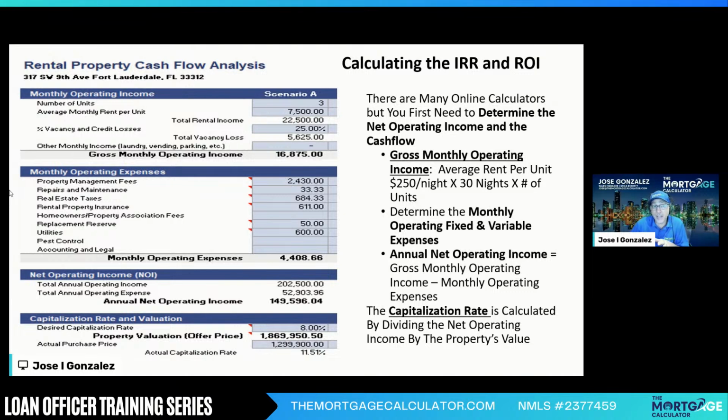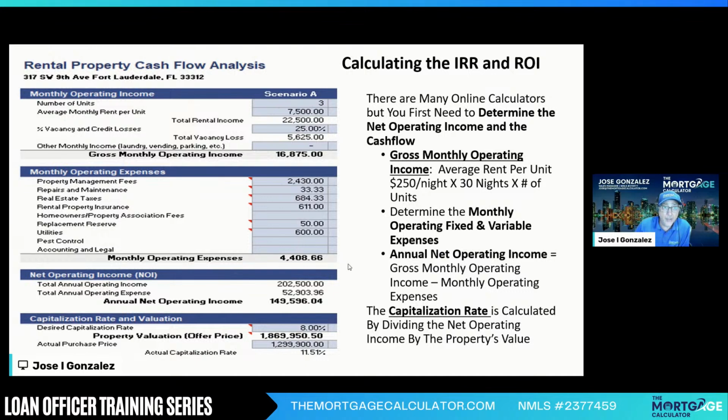So you may have the annual figure for some of these, like taxes and insurance, and you're just going to divide by 12. So, homeowners or property association fees, if applicable, what is being put into replacement reserve for future expenditures, what are the utilities, and any other monthly operating expenses for the unit.